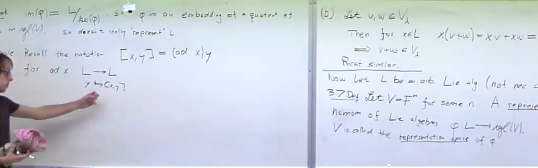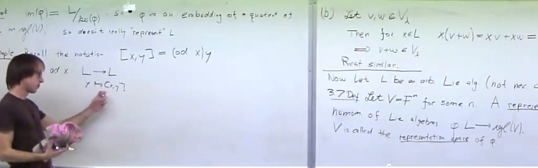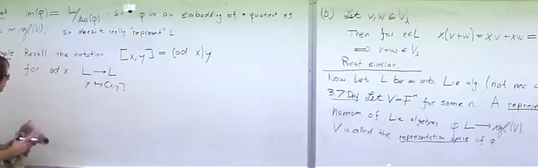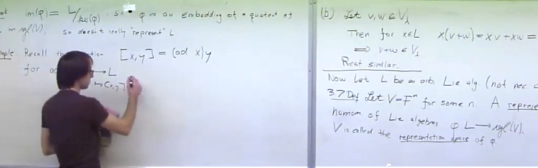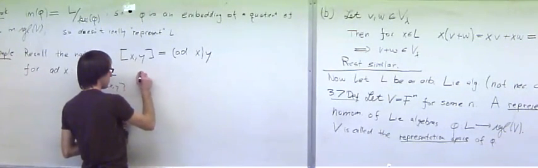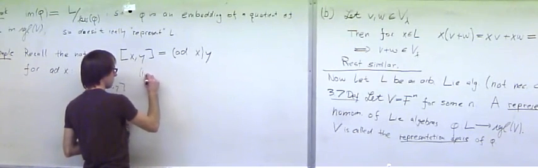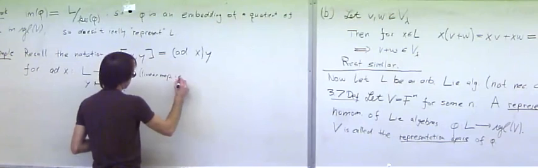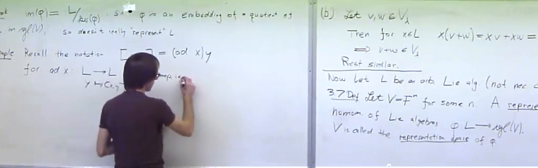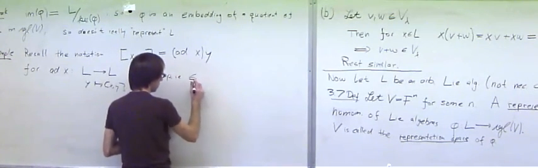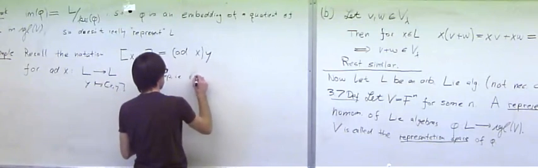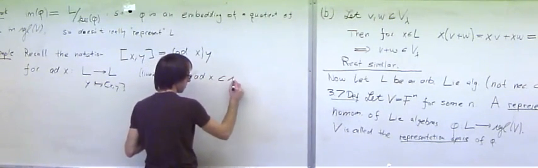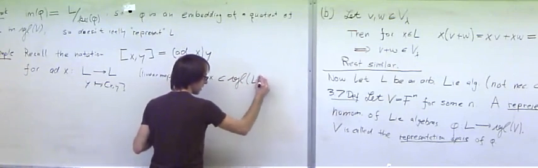Because the bracket is bilinear, it's in particular linear in the second component. So this is a linear map. That means ad x is contained in GLL.